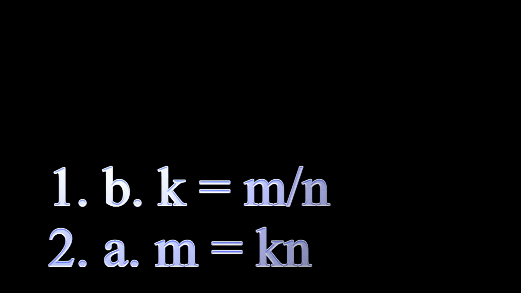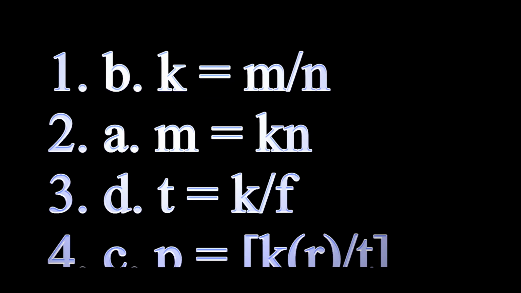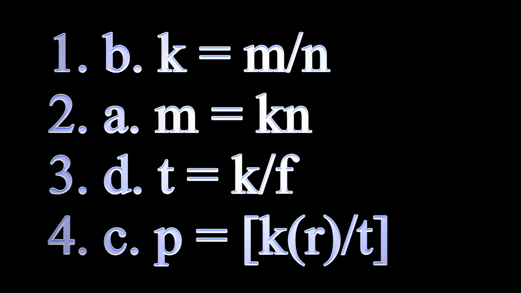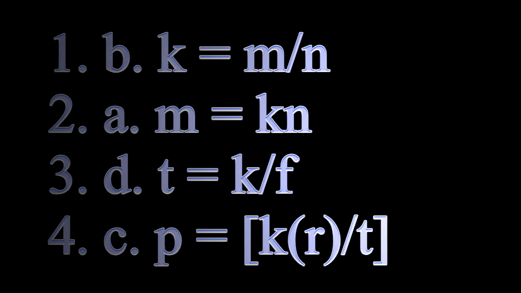So now, let's see the answers to the given problems. Number 1, the answer is letter B, which is k equals m divided by n. Number 2, the answer is letter A. We have m equals k times n.